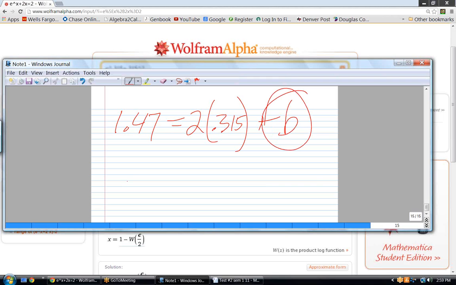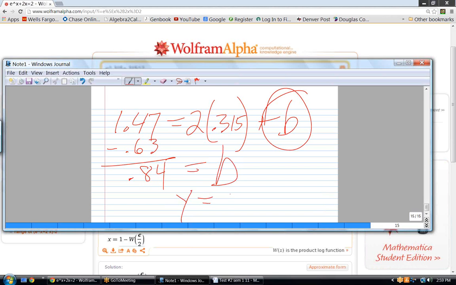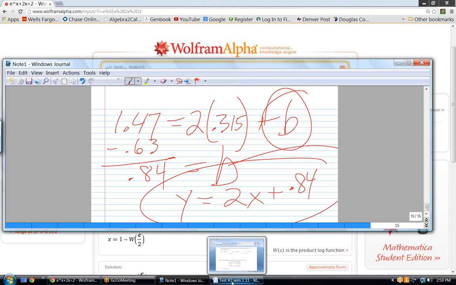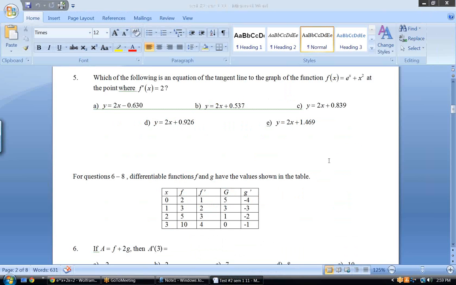I'm going to subtract 0.63, so b looks like it's going to be 0.84. So y should be equal to 2x plus 0.84. That should be our equation. Let's see if it's one of our choices. Yep, C.